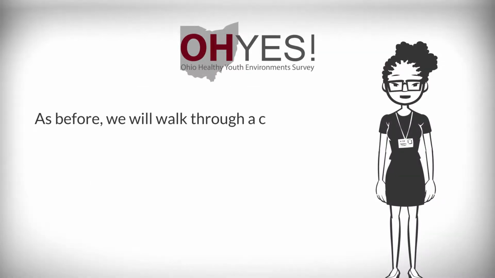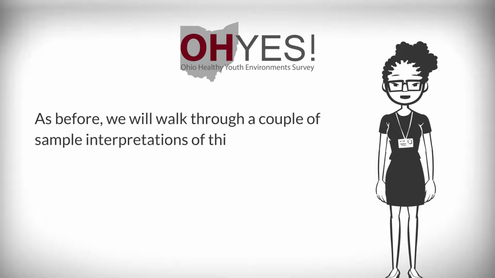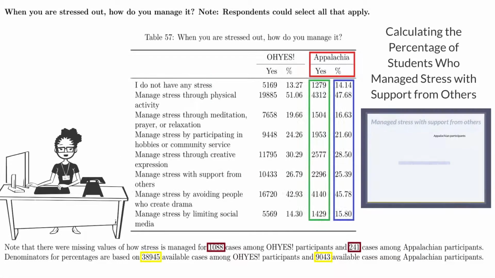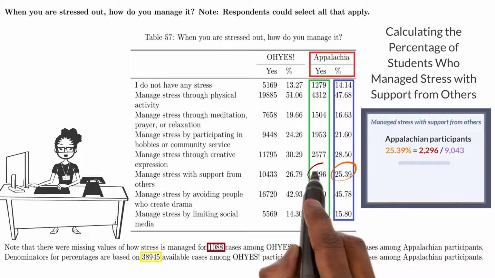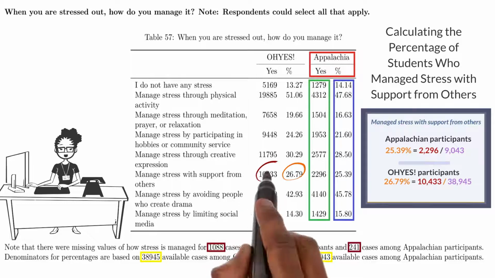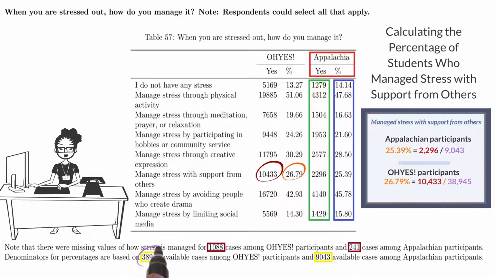As before, we will walk through a couple of sample interpretations of this data to be sure that the content of the tables is clear. As our first example, we can see that slightly more than a quarter of Appalachian participants, 25.39%, equals 2,296 divided by 9,043, and OHYES participants, 26.79%, equals 10,043 divided by 38,945, manage stress with support from others.